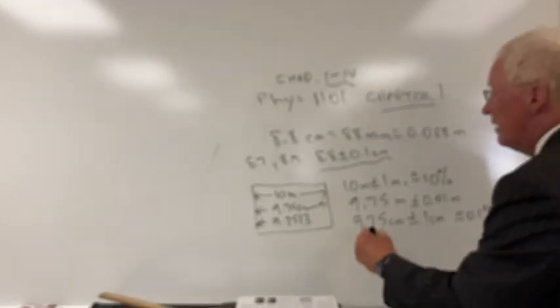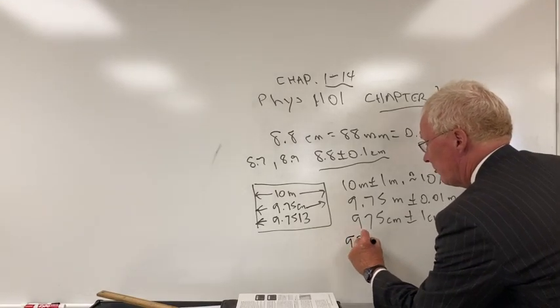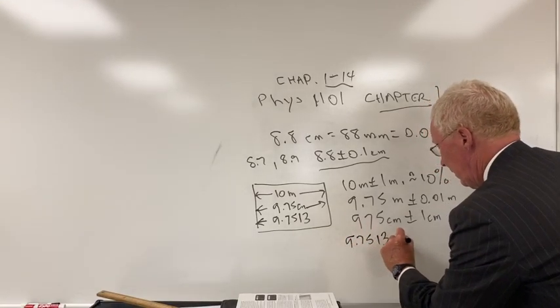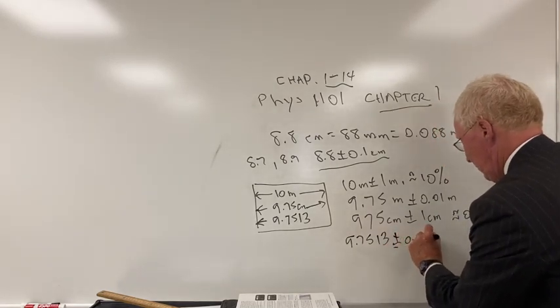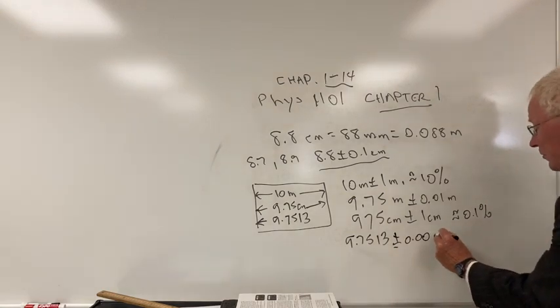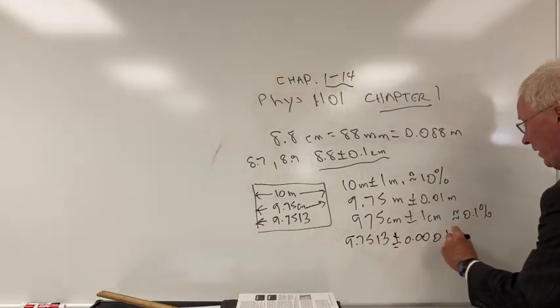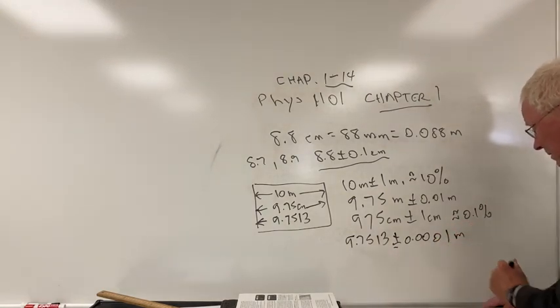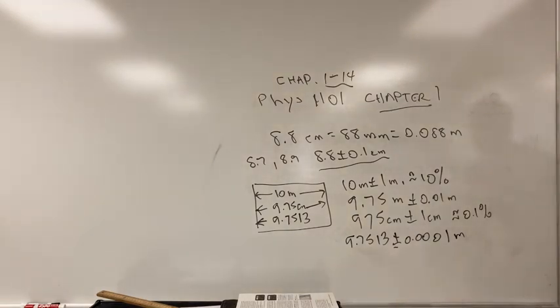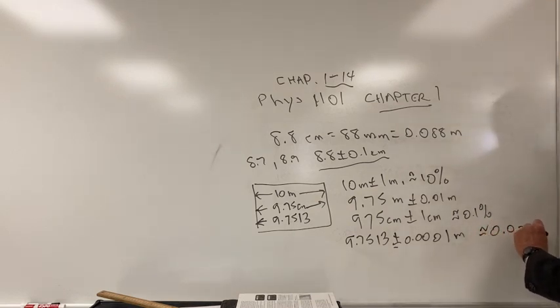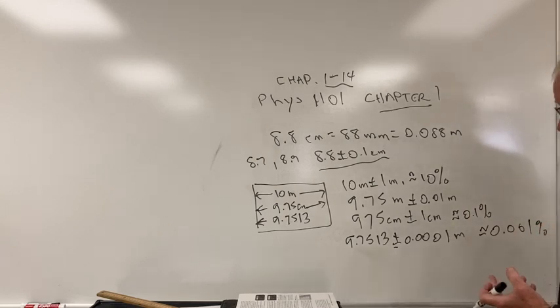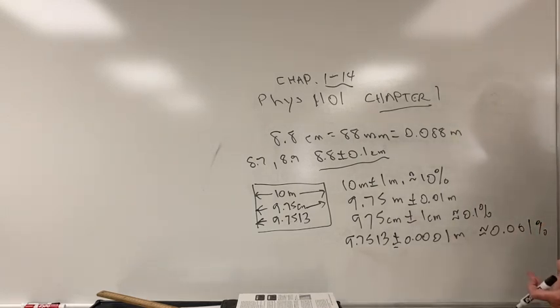So this would be 9.7513 plus or minus 0.0001 meters, which would be implying an accuracy of 0.001%. This is 1 part in 100,000.